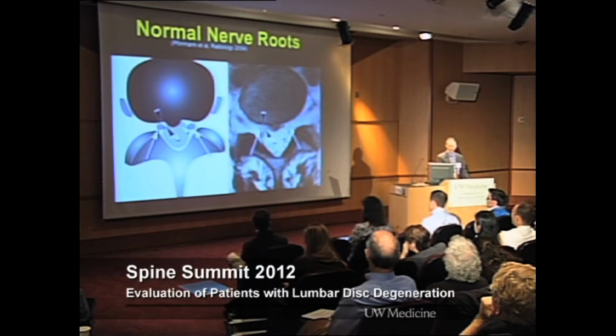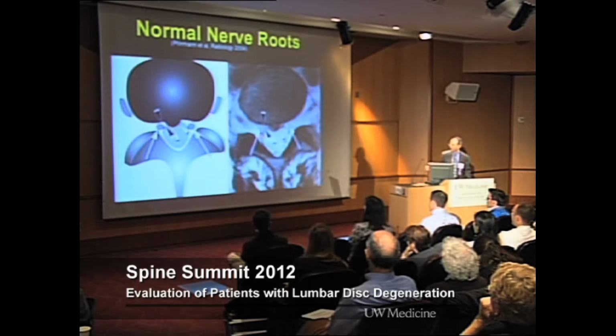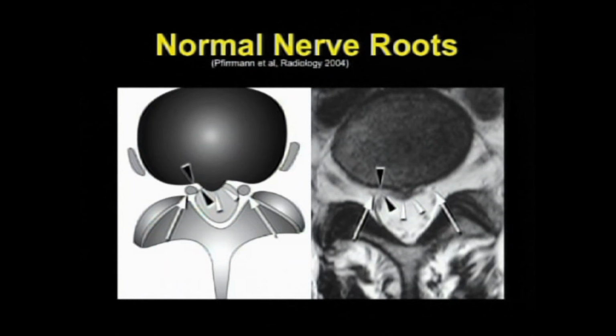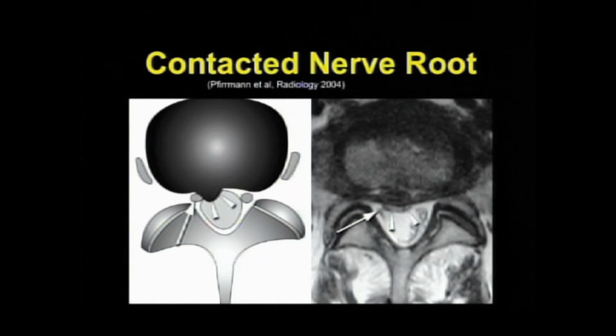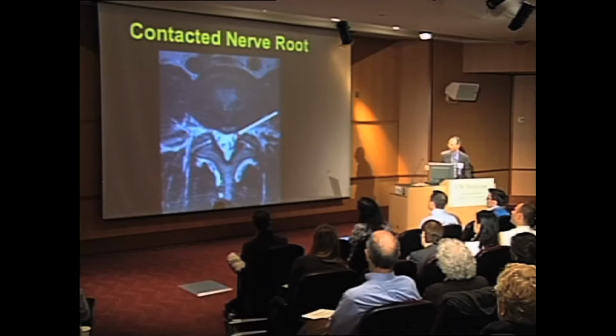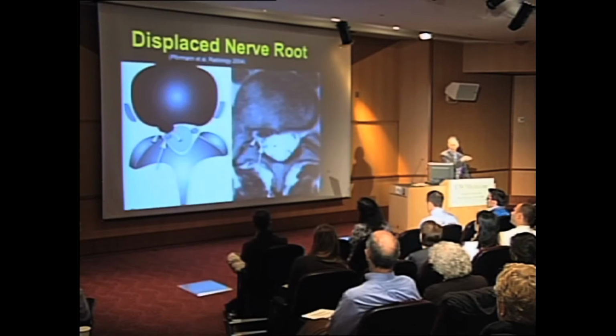Just schematically, here's the exiting nerve root, and here you have some disc material. So the nerve root is not involved in this example. If it's contacted, and here is another example: focal protrusion, annular fissure, contacted nerve root sitting in the subarticular zone.